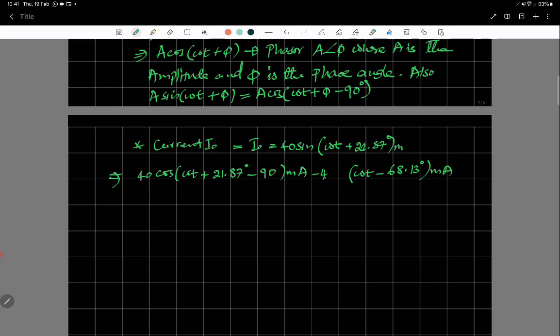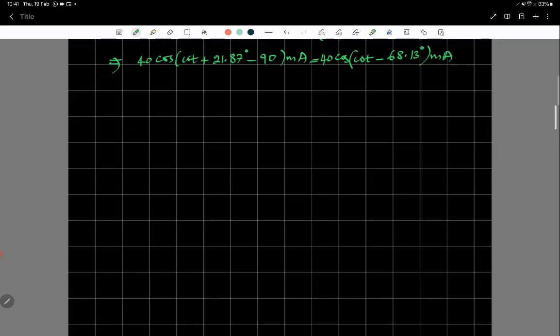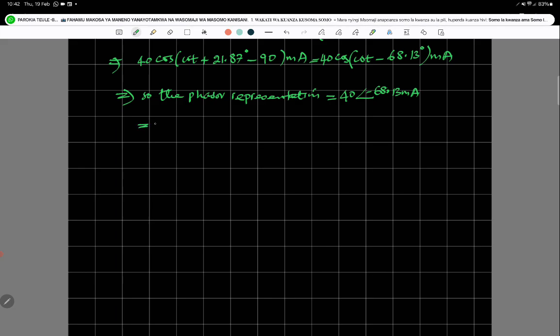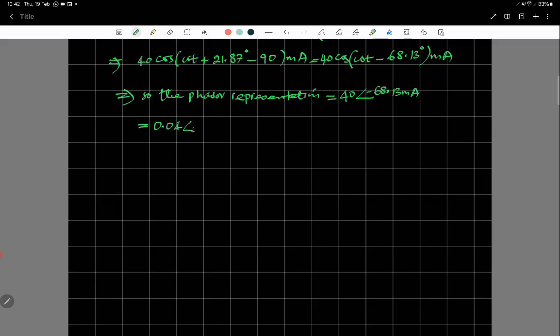Again, the phasor representation is equal to 40 at angle −68.13 milliamps, which is equal to 0.04 at angle −68.13 amps.